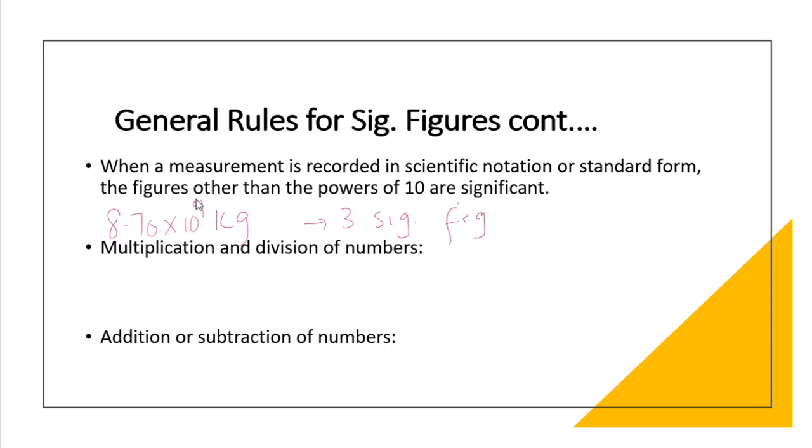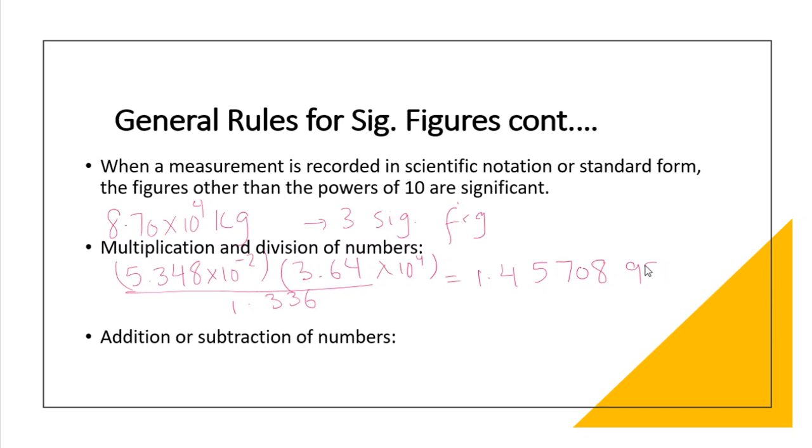It means that if we are given certain numbers, like if I multiply two numbers and divide by another number, then I'll get a very long answer like 1.45708 times 10 to the power 3.